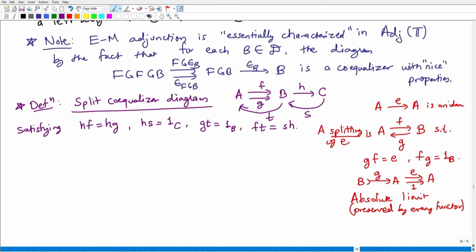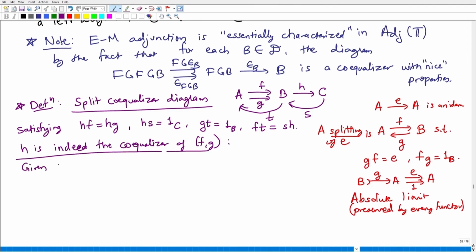Okay. So now we are going to do a simple proof, that H is indeed the co-equalizer of F and G. Okay, so suppose we are given this K from B to D, and it satisfies KF is equal to KG.